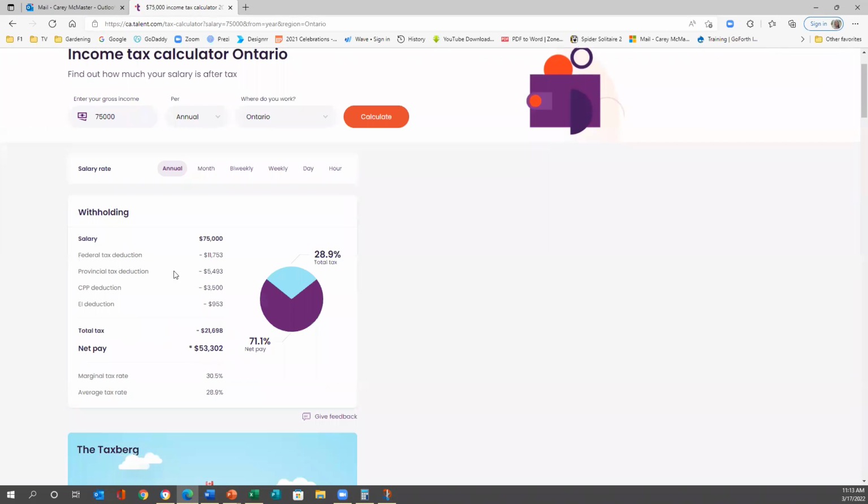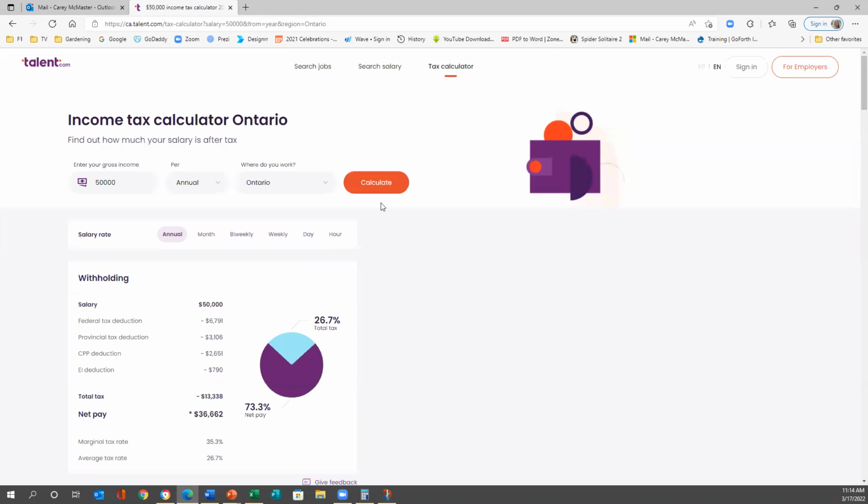Based on what the results come up, this shows how much you would be paying federally, how much you'd be paying provincially, your CPP contributions, and you don't need to include the EI deductions because as a self-employed individual, you wouldn't have that. So it looks like it's about a 30% rate. If I was only making income for the year of my business and I was only making $50,000, the numbers change, and the average rate would at that point be 27%.